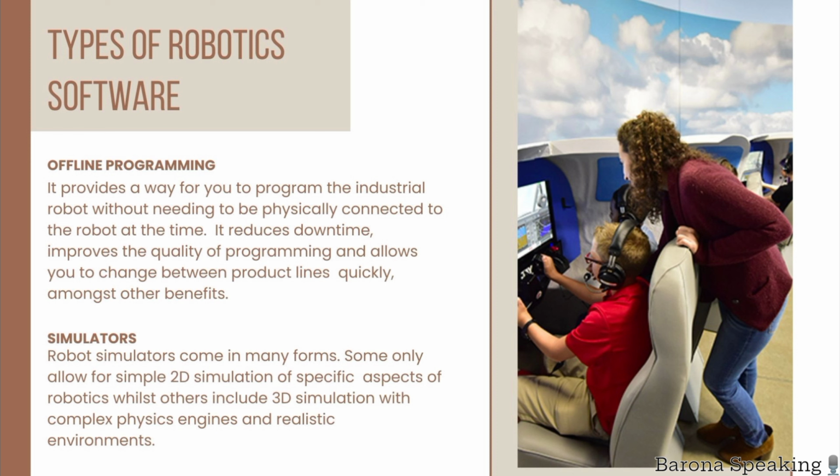Second is a simulator. Robot simulators come in many forms. Some only allow for simple 2D simulation of specific aspects of robotics, while others include 3D simulation with complex physics engines and realistic environments.